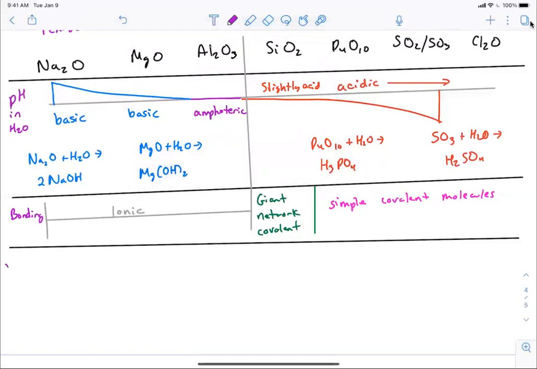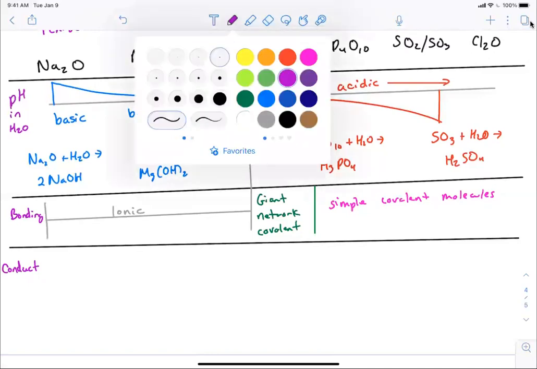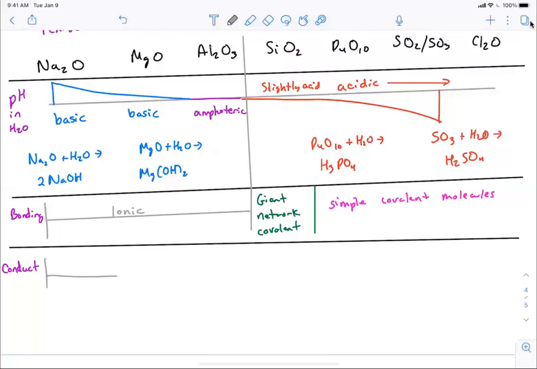Conductivity. For your ionic compounds, in its molten and aqueous state, it is conductive.